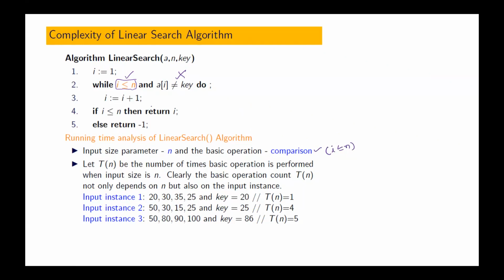Let T of n be the number of times the i less than or equal to n operation is performed when n is the input size, that is, when the array contains n elements.